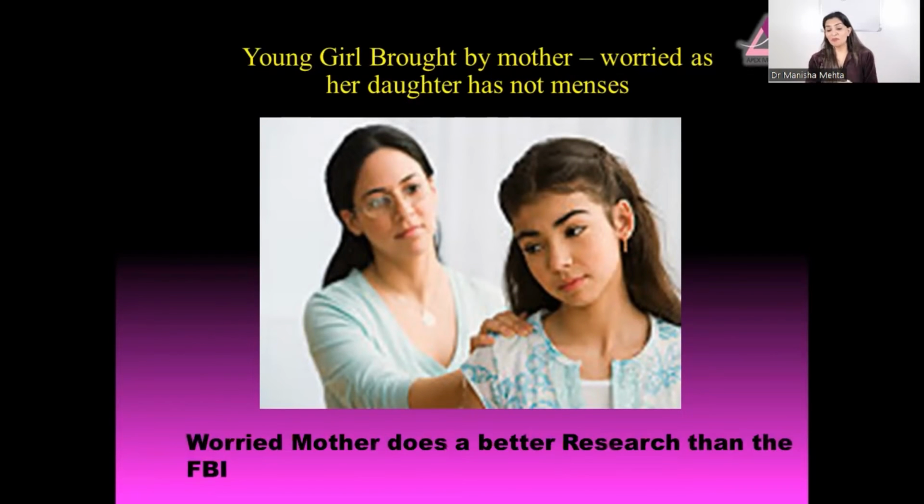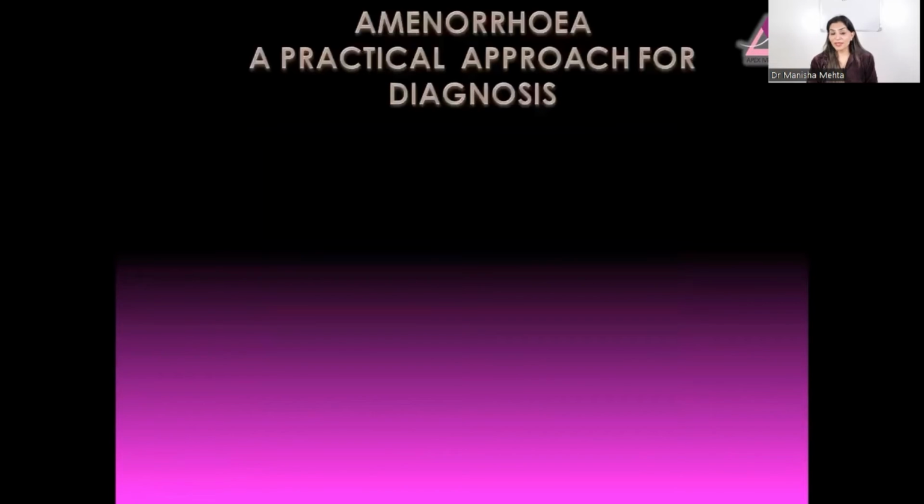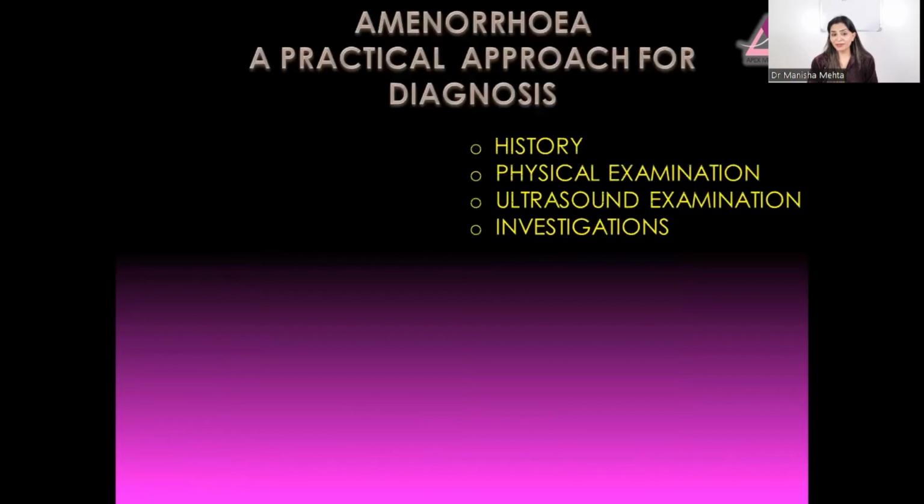We people are still staying in a smaller part of India. But for people who are staying in Gurgaon or bigger cities, it's not just the mother, it's the girl herself who would have done all the research before she presents to you. So what is the practical approach?